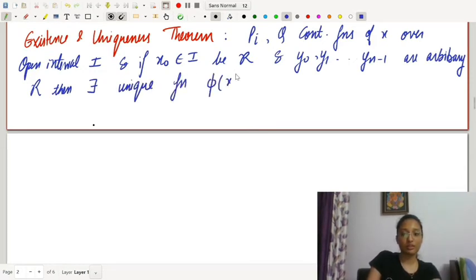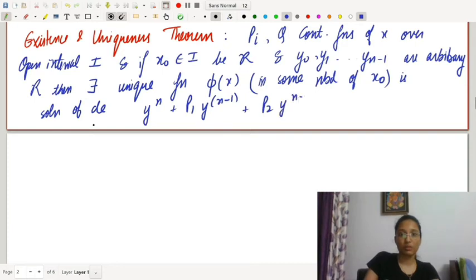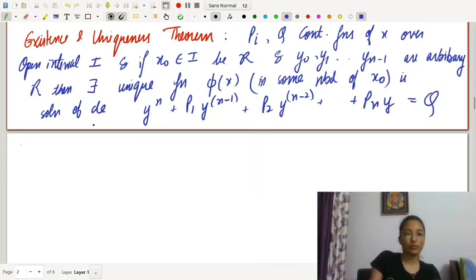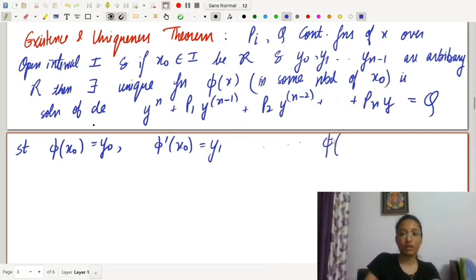function phi of x in some neighborhood of x naught, which is a solution of the differential equation y raised to power n plus p1 y raised to n minus 1th derivative plus p2 y raised to n minus 2 derivative plus and so on up to pn y equal to q, such that phi of x naught is equal to y naught, phi dash of x naught is equal to y1, and so on, phi n minus 1 of x naught is equal to y n minus 1.